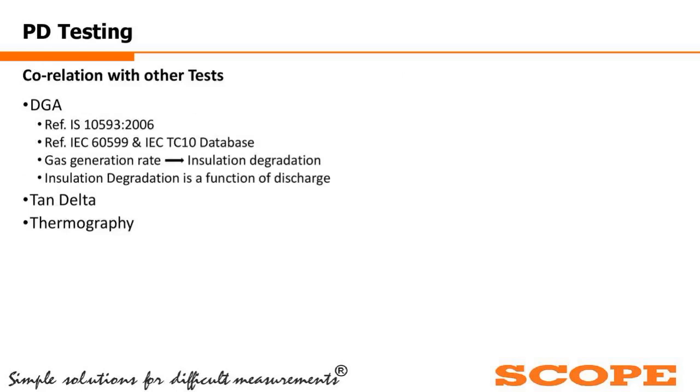Now PD testing. As with a normal human being, let's say some person is detected with a tumor or something like that. Doctors do not take that person directly to the OT, because if there is a tumor, they do 10 different types of tests before operating on the person.